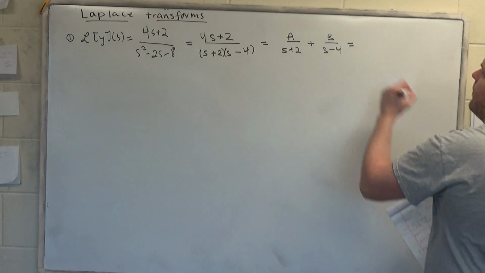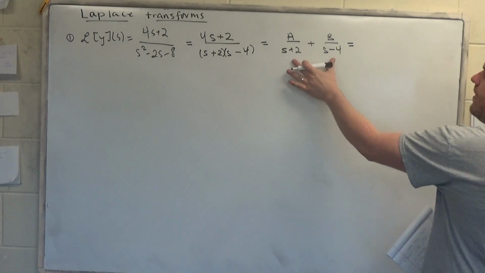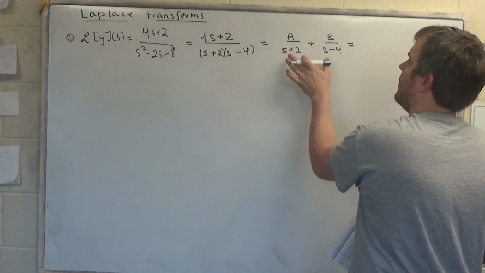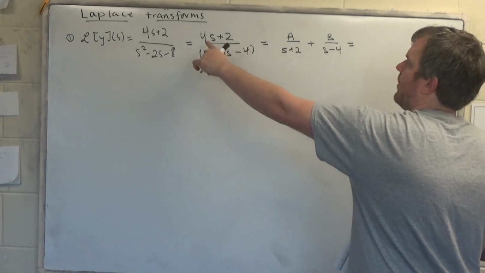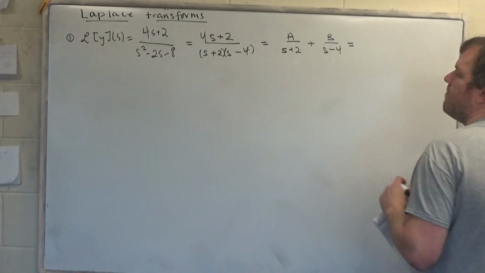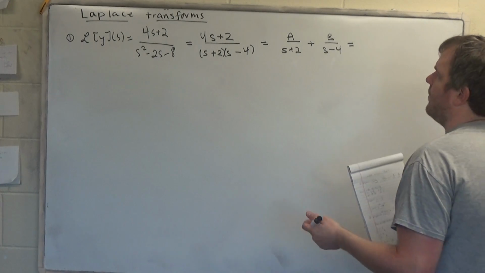Now when we do this, we find a common denominator to get equations which we'll solve for a and b, very similar to the method of undetermined coefficients.